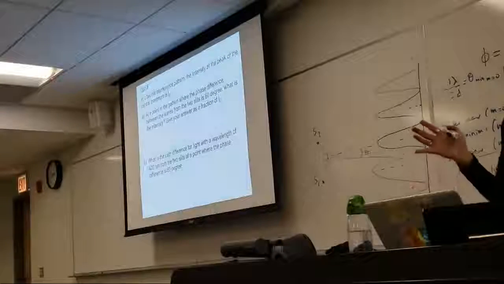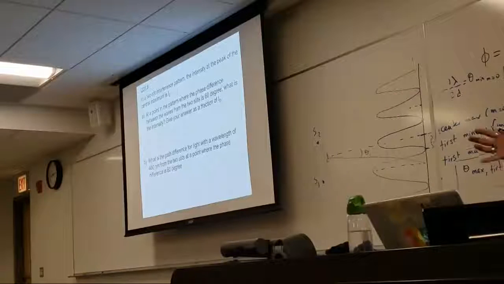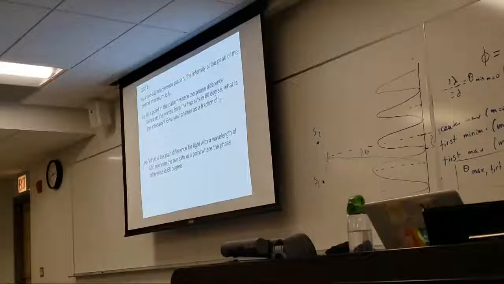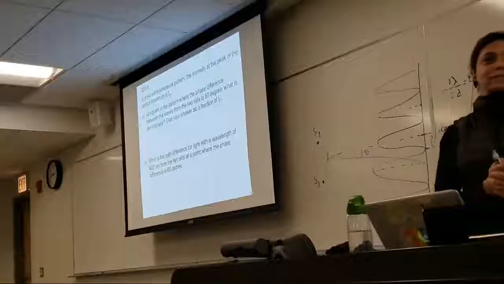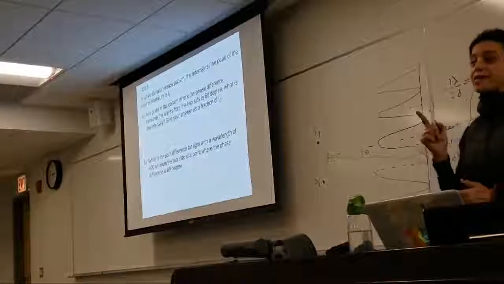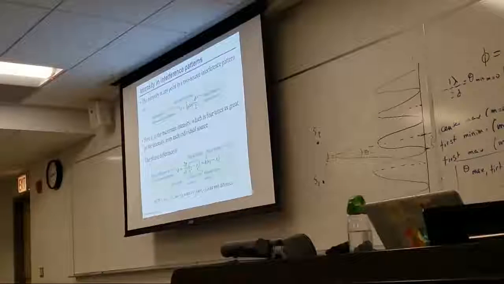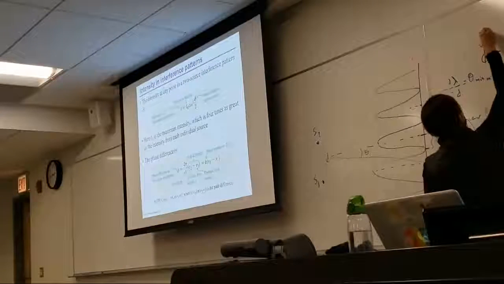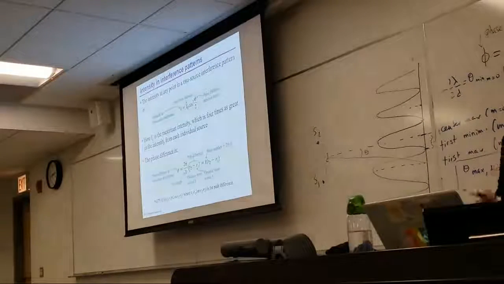So let's say it doesn't give you a number, it just gives you a letter. At a point in the pattern, that means on the screen, where the phase difference between the waves from the two slits is 60 degrees, what is the intensity? Remember this phi is what we call the phase difference.